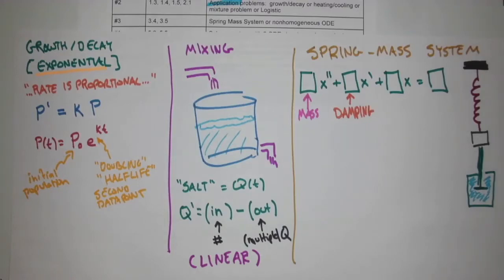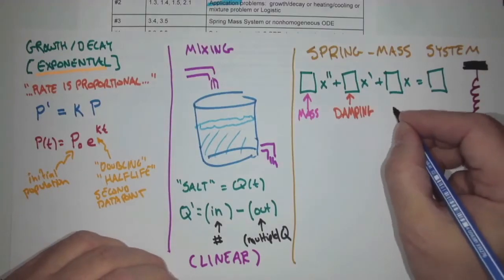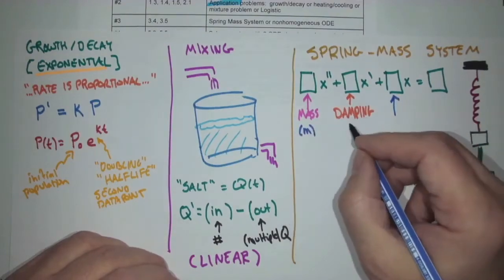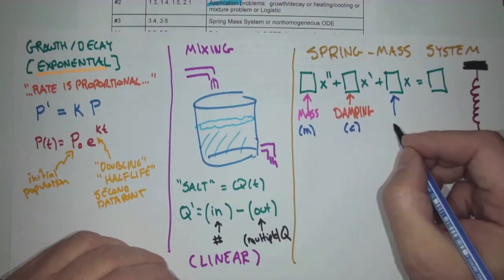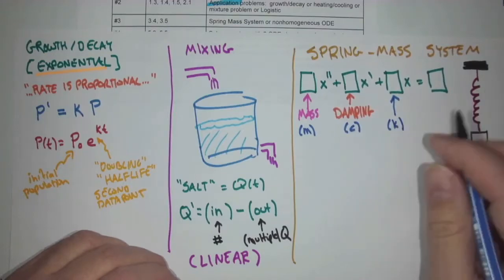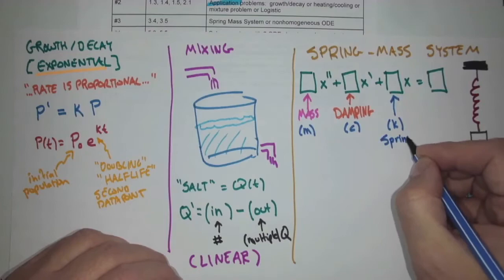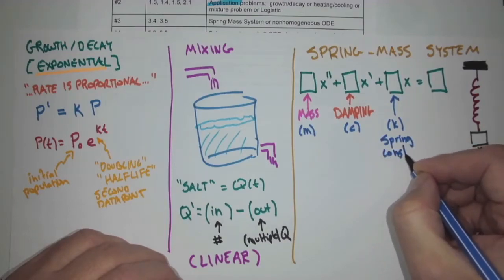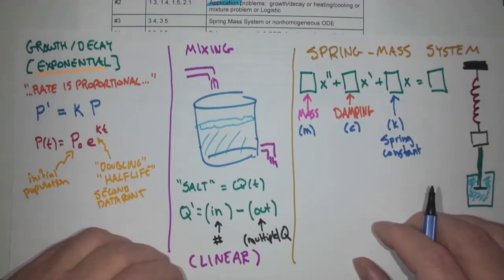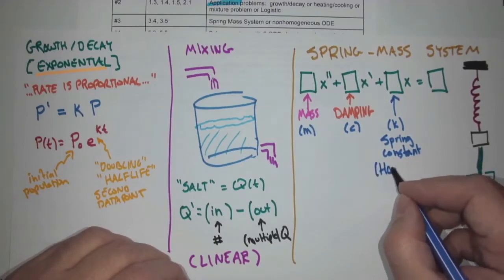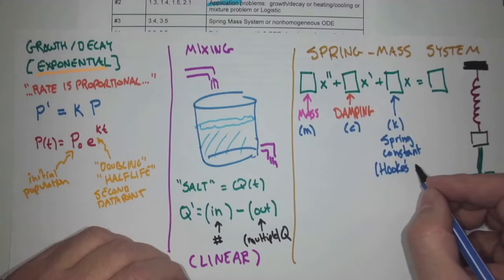What goes into our next box? Okay, wow, you guys, I should add these, since you're giving me these symbols. M, C, K. Someone called it spring constant, which is good. Now, where does spring constant come from? What is it often associated with? Hooke's law. So sometimes they give you K directly.